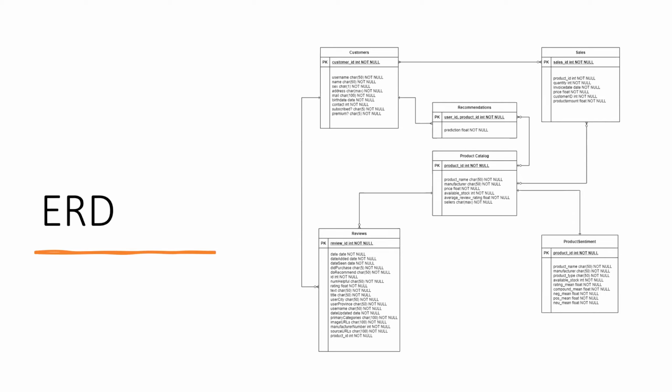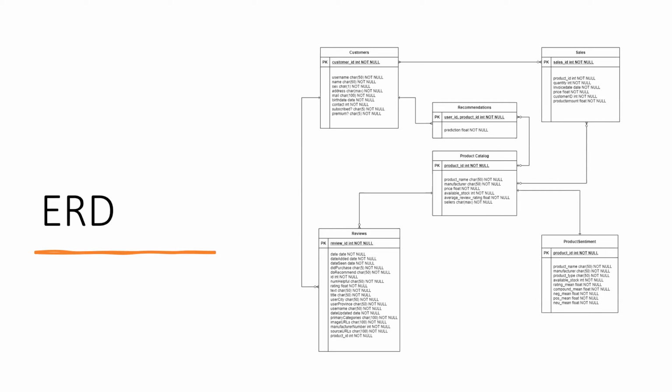And product catalog has the product data. We also have product recommendations data that has been generated for each customer using the customer's purchase behavior, and we have sentiment data, which gives sentiment scores derived from the reviews data given by the customers for a given product.